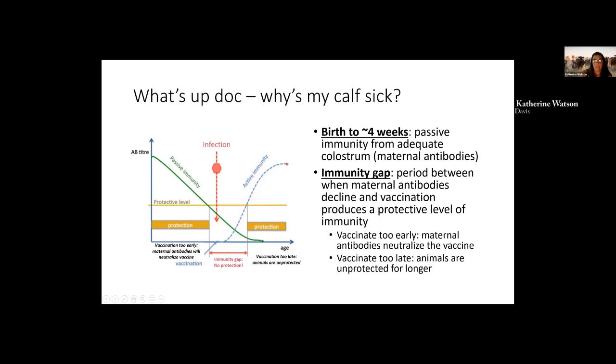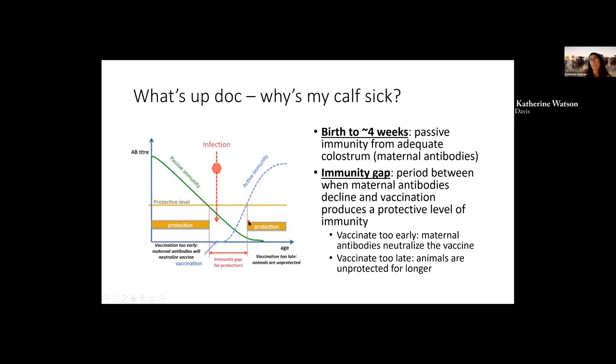The problem is there is a period of time in which the animal is susceptible to an infection because there's not enough maternal antibodies to protect the calf, and there isn't enough of the animal's own active immunity. This is called the immunity gap, and there's no protection or not adequate protection.